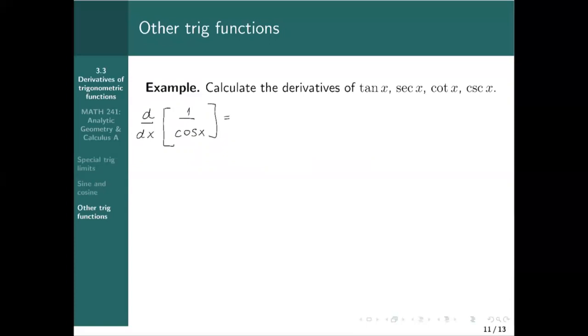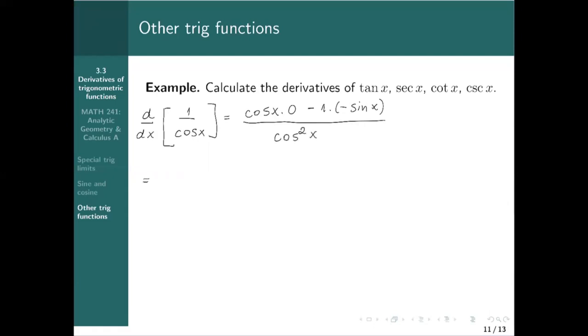So it's going to be low d high: cosine of x, times the derivative of the numerator, which is a constant, so the derivative of constants is 0, minus high d low, so minus 1 times the derivative of the denominator. The derivative of the denominator is minus sine of x, over the square of the denominator, so cosine squared of x.